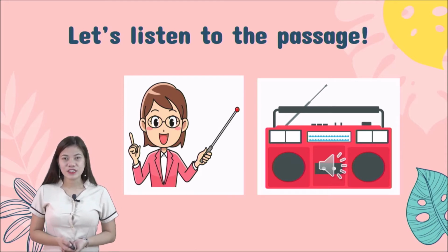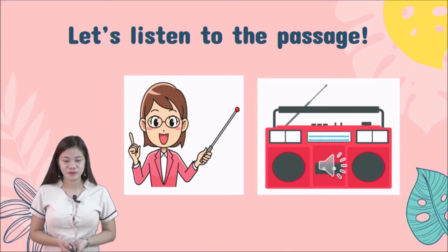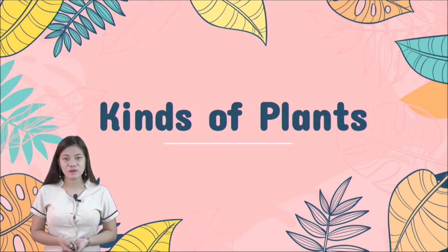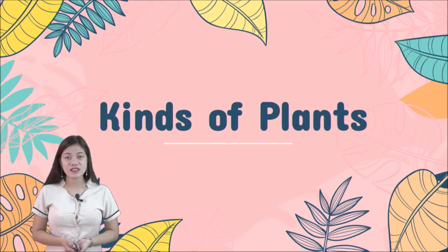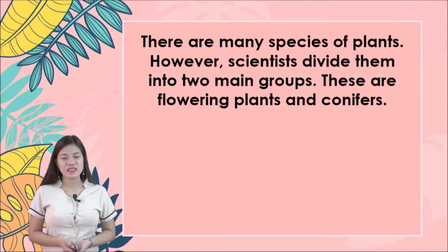Did you listen carefully to our passage, kids? Now, let us read our passage. So, our topic again, kinds of plants. There are many species of plants.